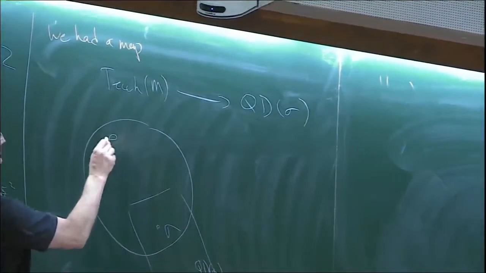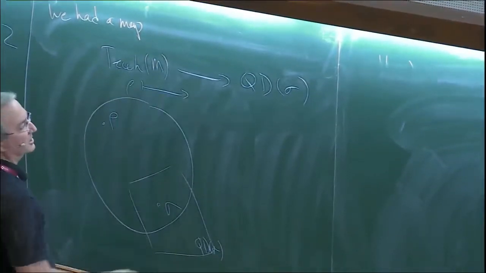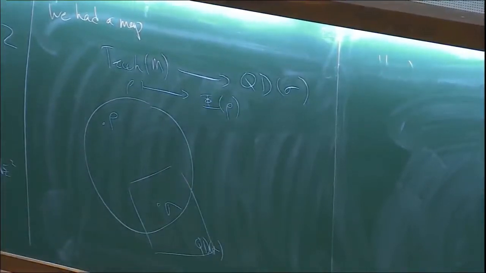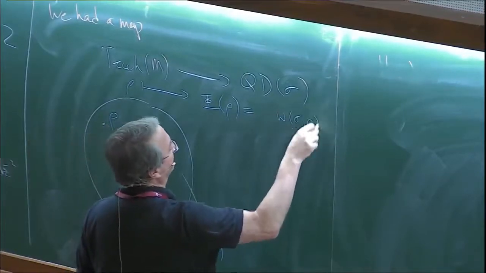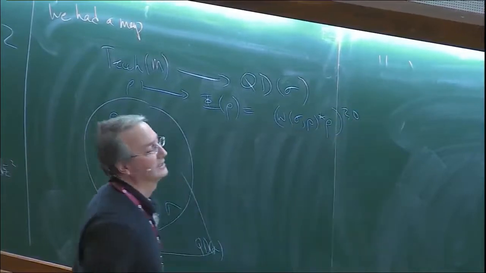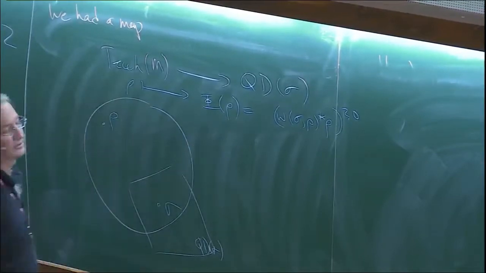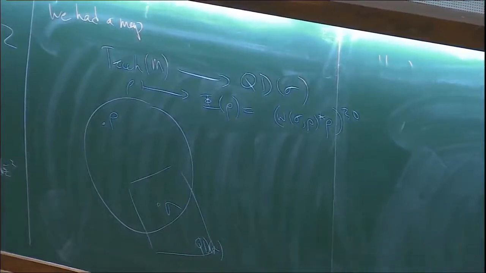And to some point rho, we associated this Hopf differential, phi of rho, which was constructed by looking at the harmonic map to rho, pulling back rho, looking at the 2,0 part, and that gave some quadratic differential. So there's some map from Teichmuller space to quadratic differentials. Okay? What can we say about this map?